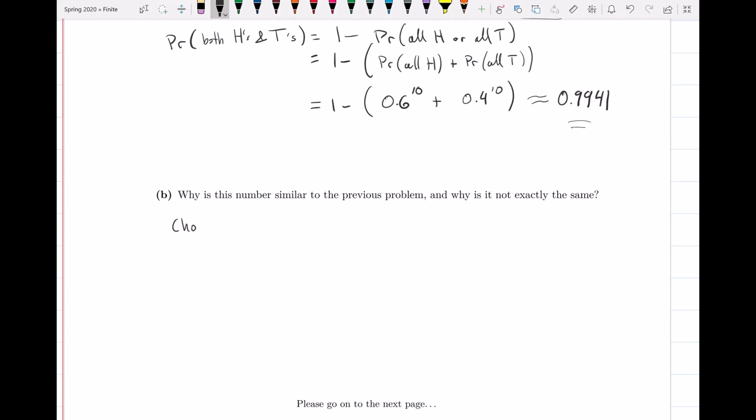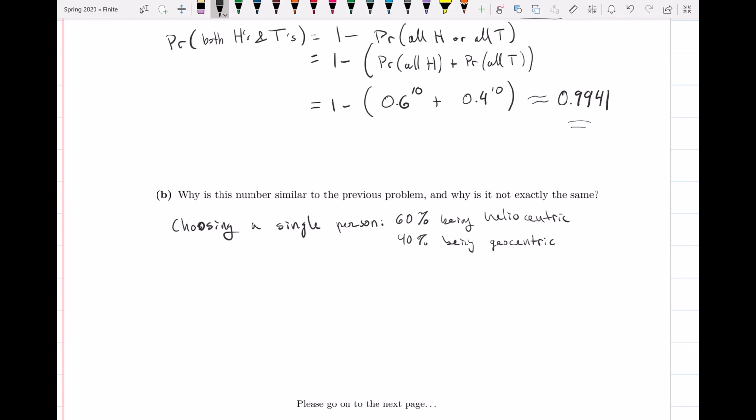So imagine choosing a single person from the crowd of 1,000. The first person you choose has a 60% probability of being heliocentric and a 40% probability of being geocentric.